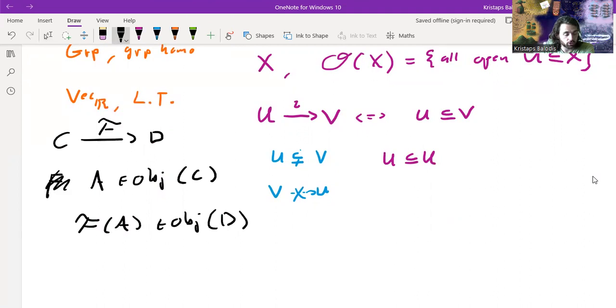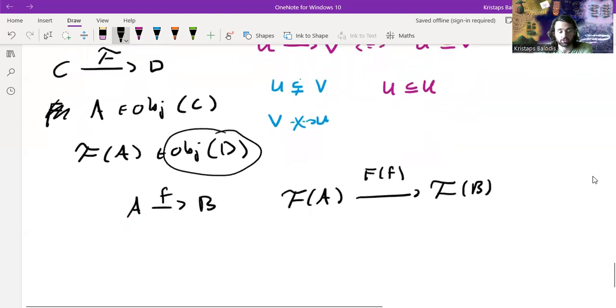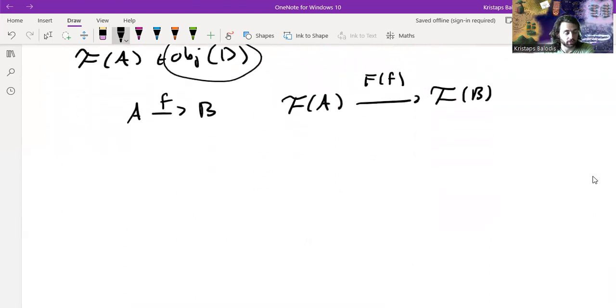So not only do I need to, for each object A, supply an object in the target category, but if I have a morphism from A to B, then my functor better provide me with a morphism between the images of those two objects. And of course, this better respect the composition law, right? That is, if I have two maps f and g, F of f composed with g should be F of f composed with F of g.